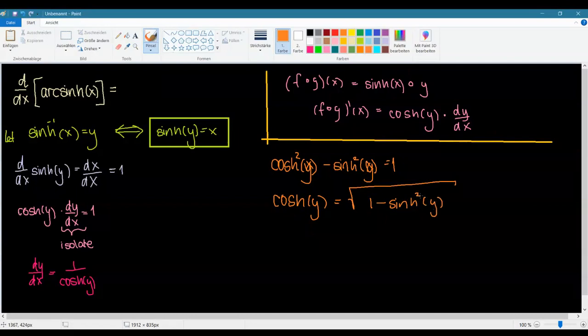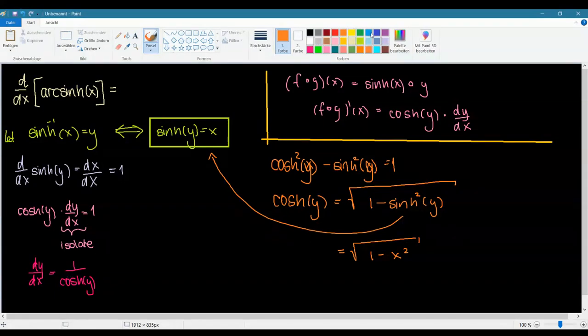But note that we know that hyperbolic sine y is x, don't we? So this actually is the square root of 1 minus x squared. And so we're just going to substitute that into our equation right here.